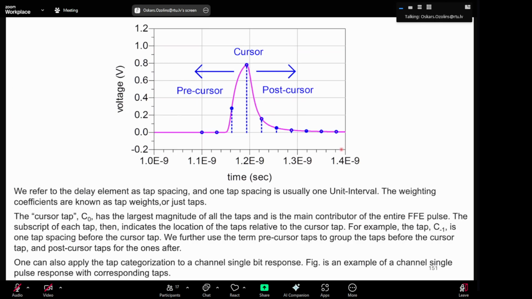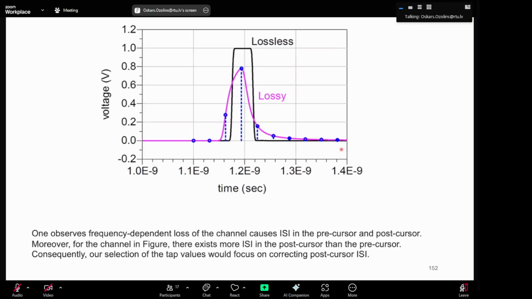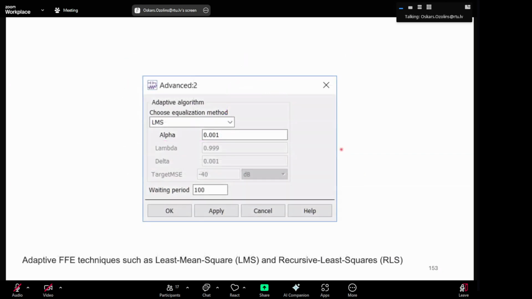Right. And then there are also some examples about how losses impact the inter-symbol interference, pre and post cursor. I think the critical part here is to optimize these taps, or these cursors.